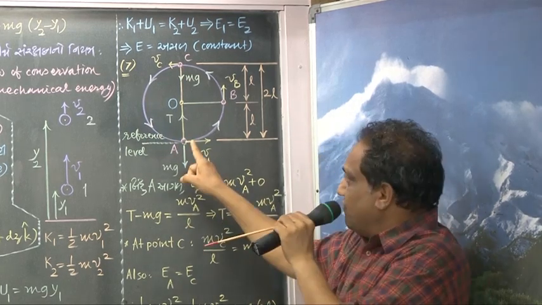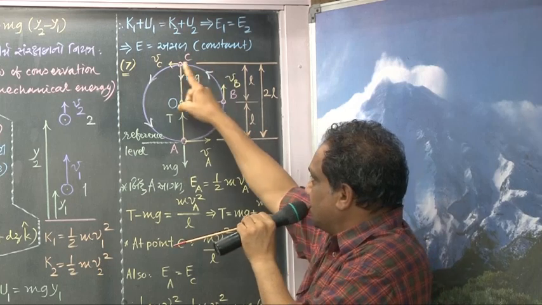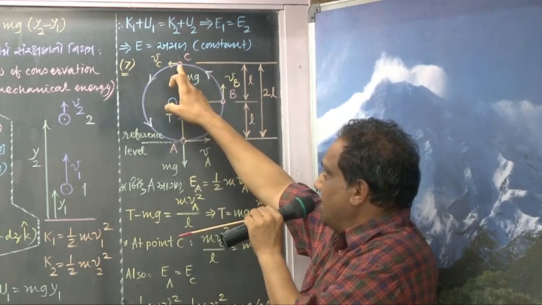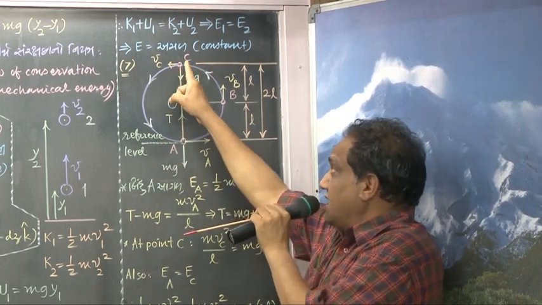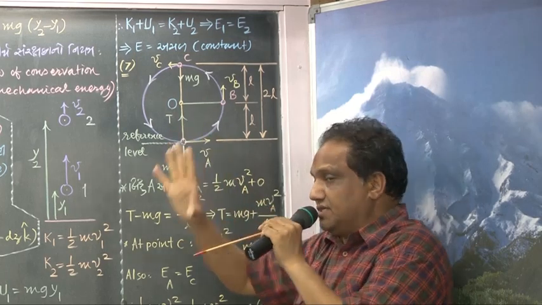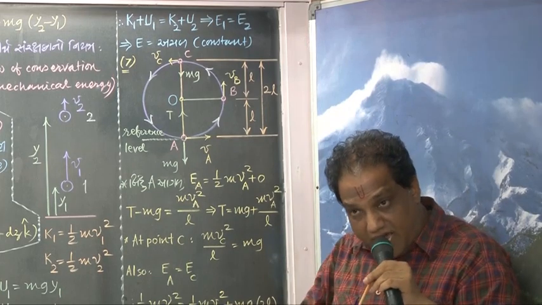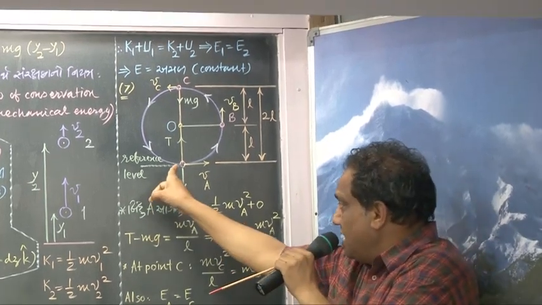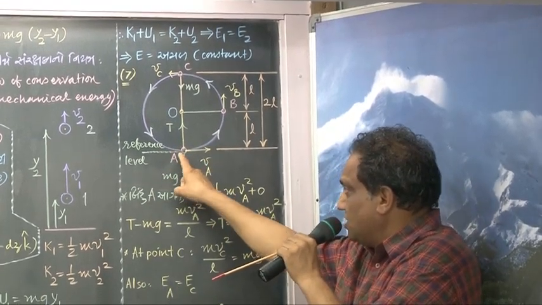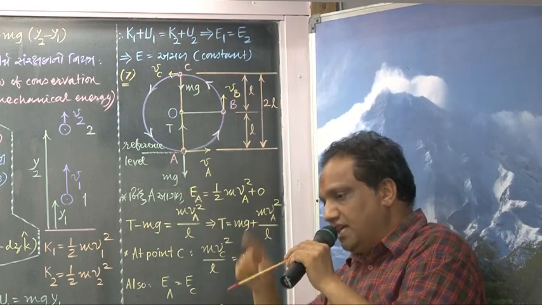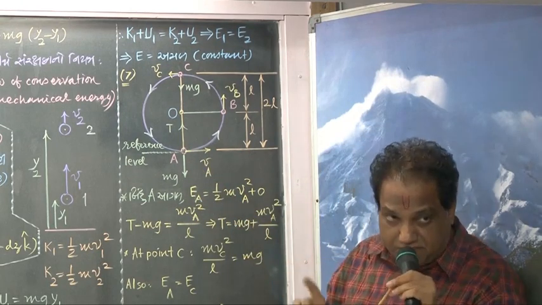So when it is barely finishing the circle, here when it comes, this string becomes tensionless. For that to happen, what minimum horizontal velocity should be given to this body at this position? That is what we have to find out first.